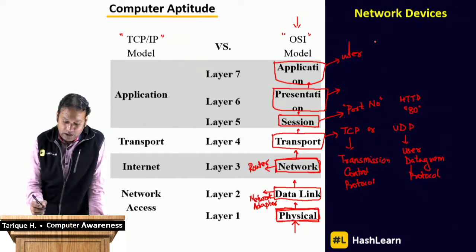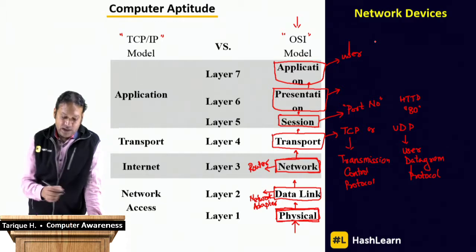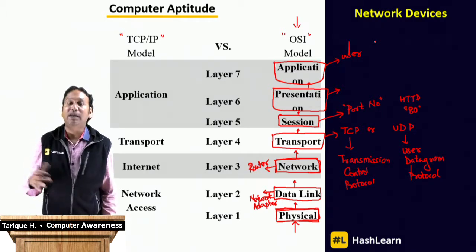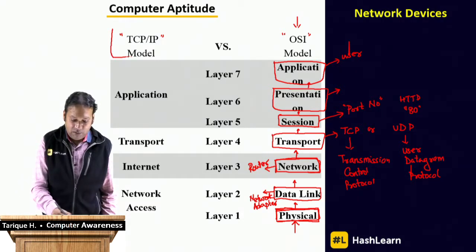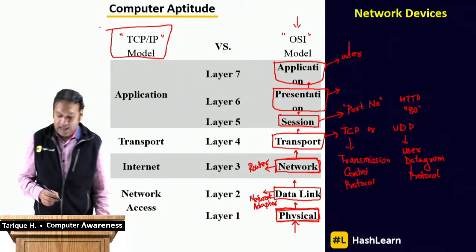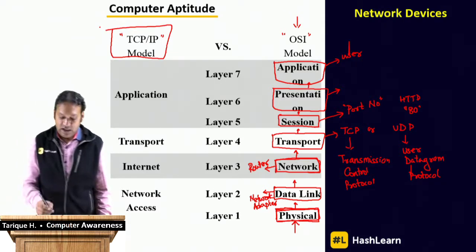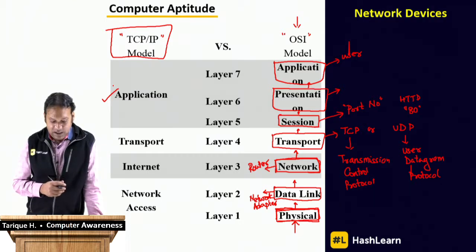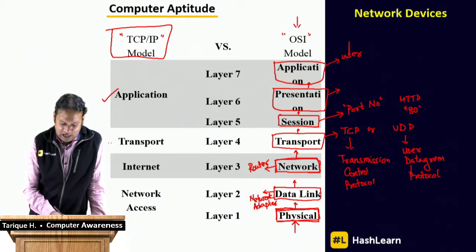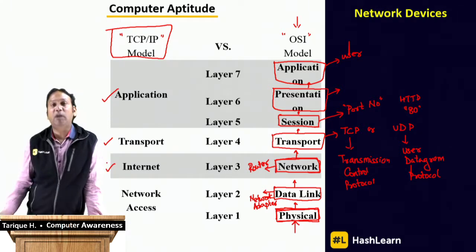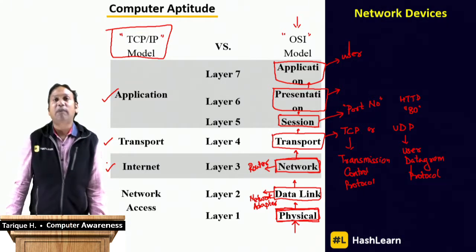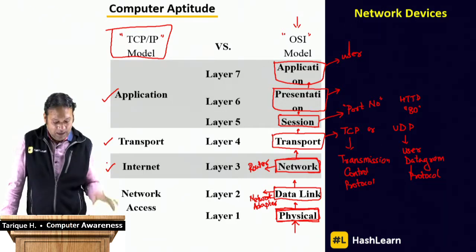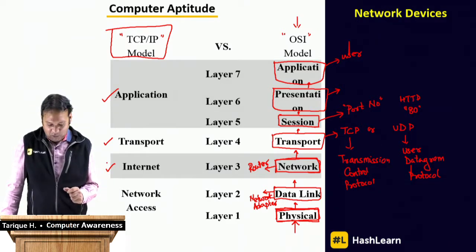Now the advanced form, or you can say a simplified form, of the OSI model is the TCP/IP model, in which the application, presentation and session layers are combined into one layer, and that layer is called the application layer. The transport layer is as it is, and the network layer of the OSI model is called the internet layer in the TCP/IP model.